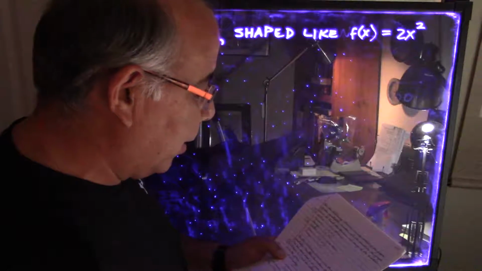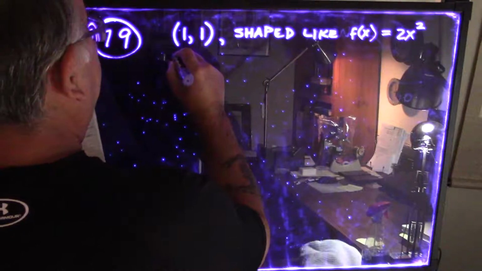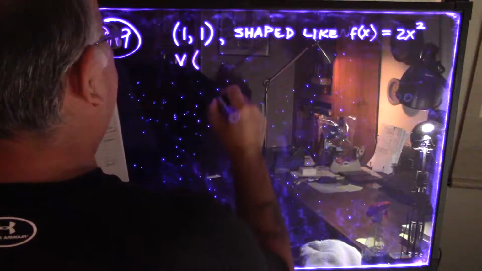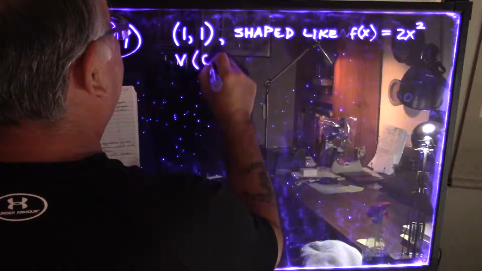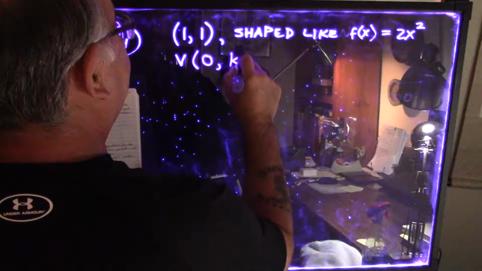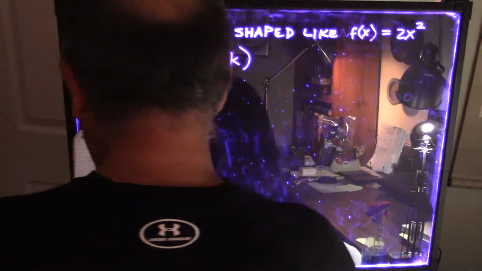So the vertex, it says, is on the y-axis. So since it's on the y-axis, that means the vertex has x-coordinate of 0, and whatever the y value is, call it k. All right, (0, k), that's the vertex.